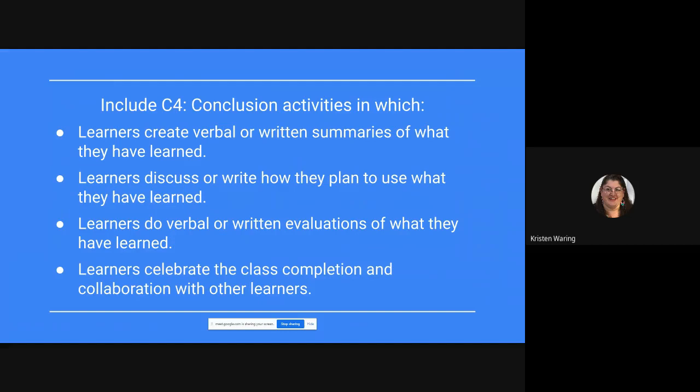We want them to discuss or write how they plan to use what they've learned. We want them to do a verbal or a written evaluation of what they have learned. Okay, those are all a little bit different things, but all of them include talking or writing, discussing, but more than just thinking about it.